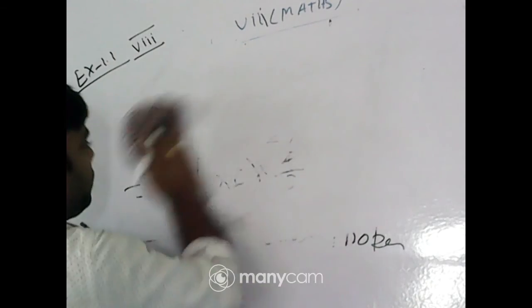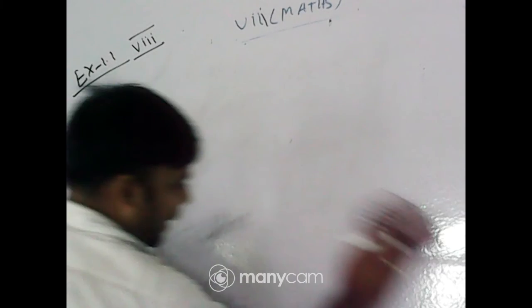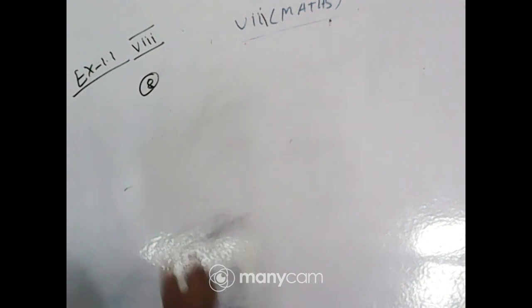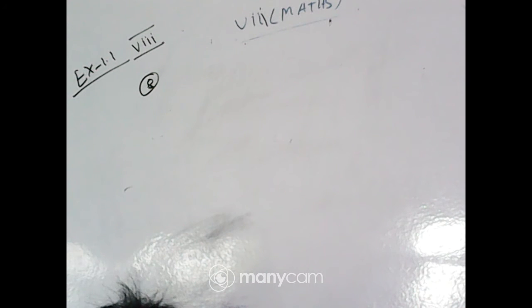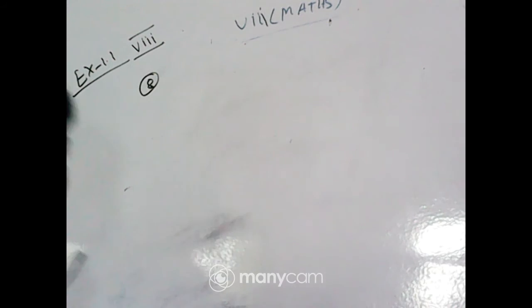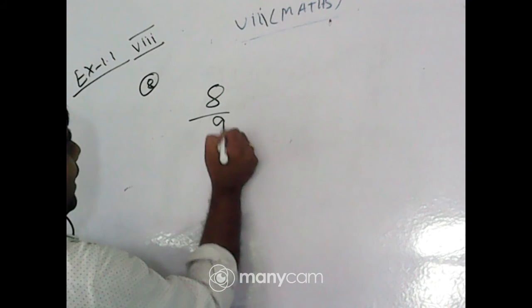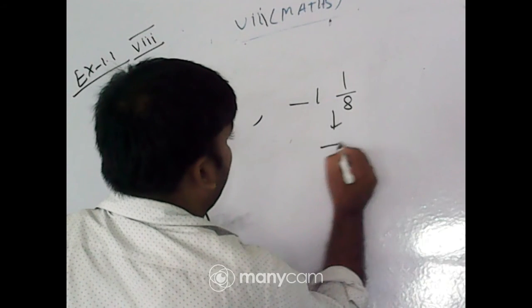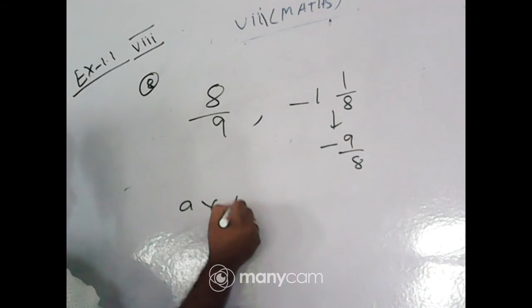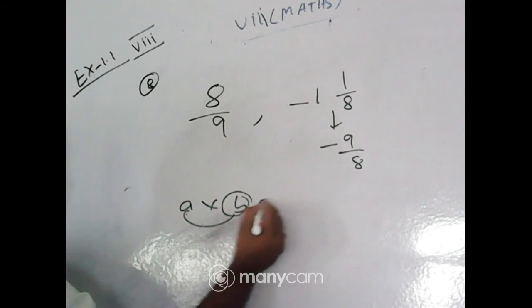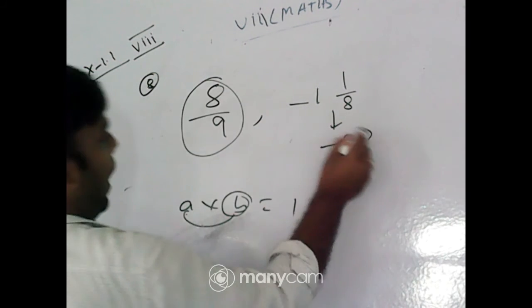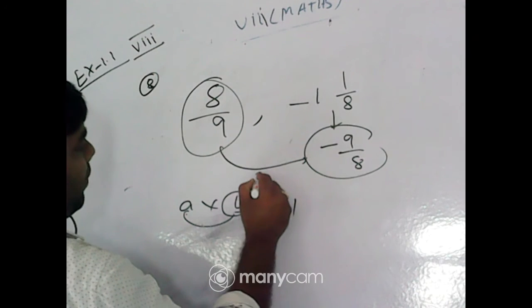Okay, next one. That is question number 7 done. Now question number 8. Question number 8: is 8 by 9 the multiplicative inverse of minus 1 whole 1 by 8? Minus 1 whole 1 by 8 means minus 9 by 8. Now B is the multiplicative inverse of A if the product AB is 1. Now check the product of these two numbers; if it is 1, then 8 by 9 is the multiplicative inverse of this number.